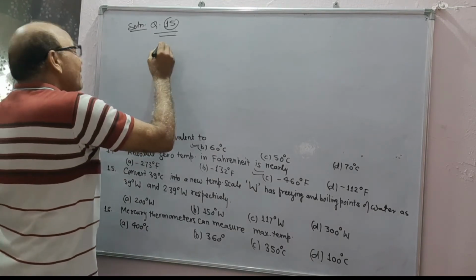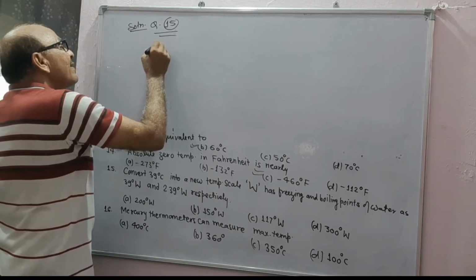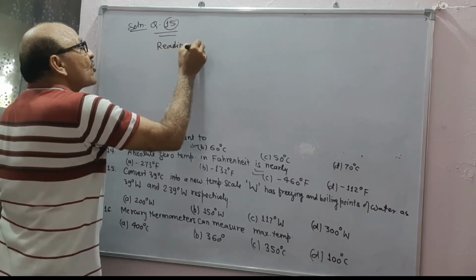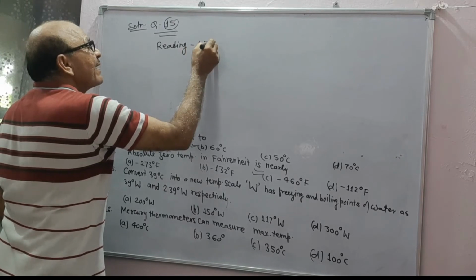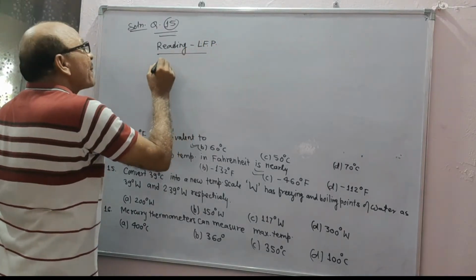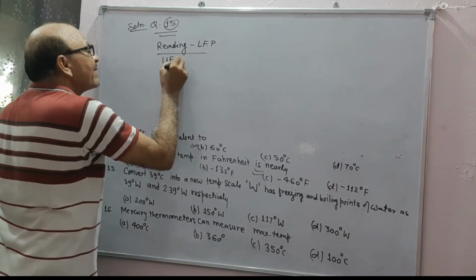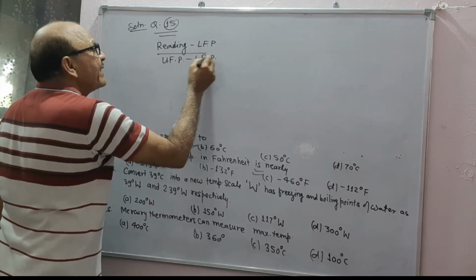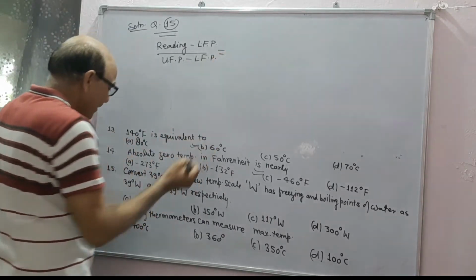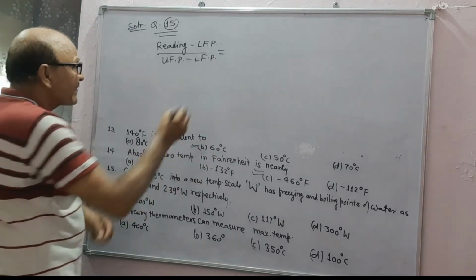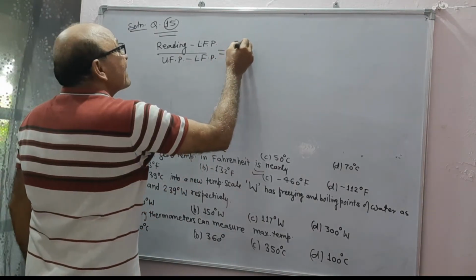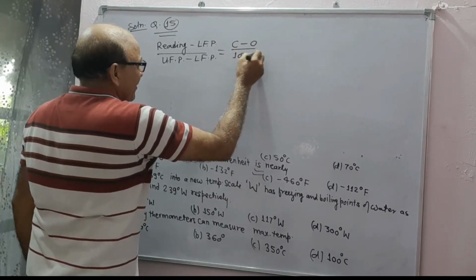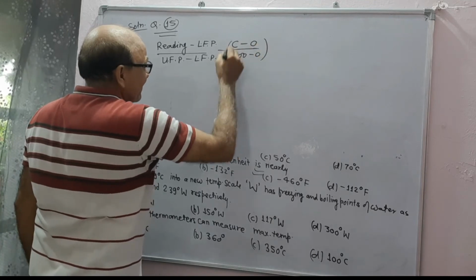Here we know reading minus lower fixed point upon upper fixed point minus lower fixed point is equal to, in case of Celsius scale, it is reading is C, lower is 0, upper is 100 and lower is 0 in case of Celsius.